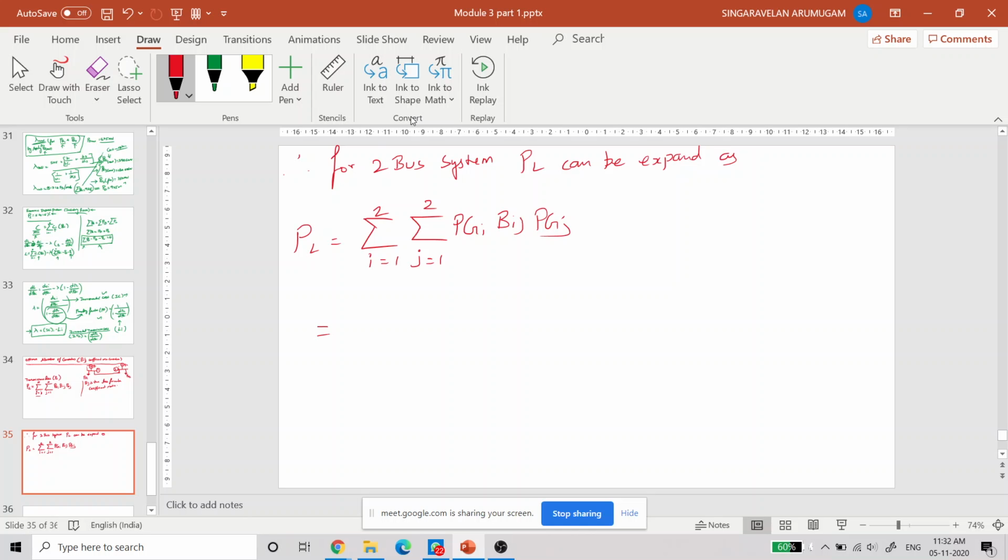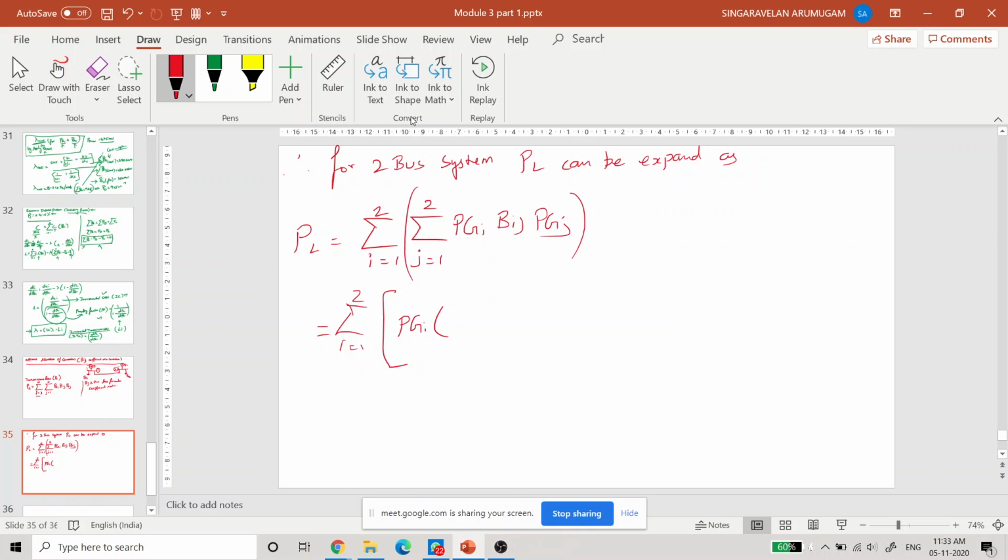So how can I do it? Let me take this first and then I will come to the other. If I take inside, it will be J equal to 1 to 2, which means wherever I am getting J, I need to add the summation two times. So I will take PGI outside. Wherever I am getting Bij, I need to add this.